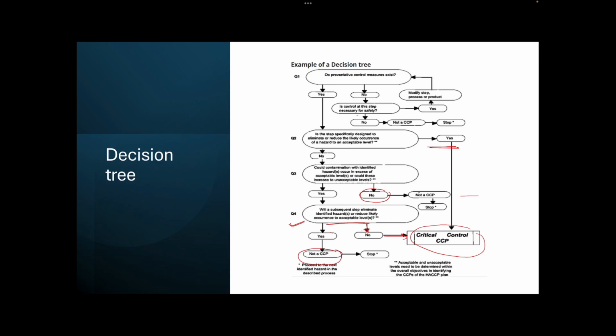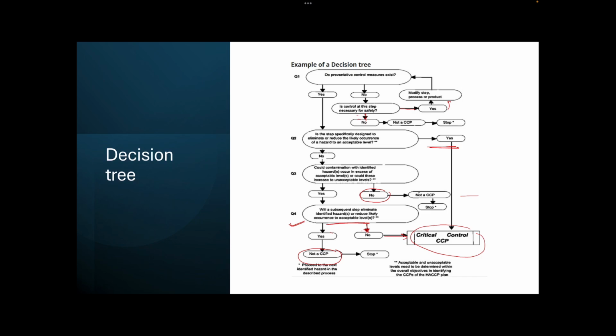So we actually should have a metal detector. We should eliminate that metal. If the answer is yes, then modify your process or product. That means now maybe it is time to consider having a metal detector. Okay. If it is not necessary, it is not a CCP, you can stop right there.